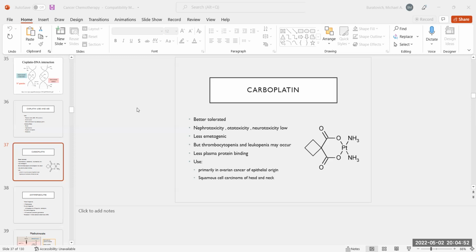This includes these drugs that are listed here: etoposide and teniposide. Notice these end in poside, whereas the camptothecins end in tecan.